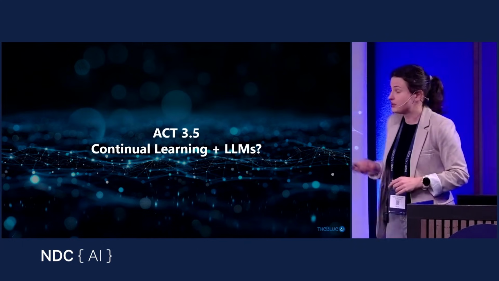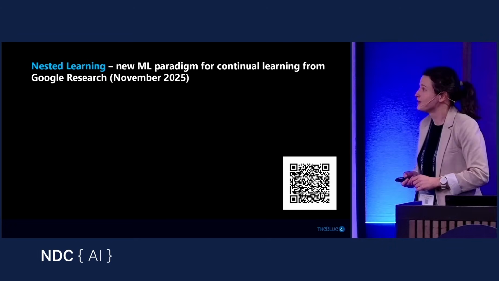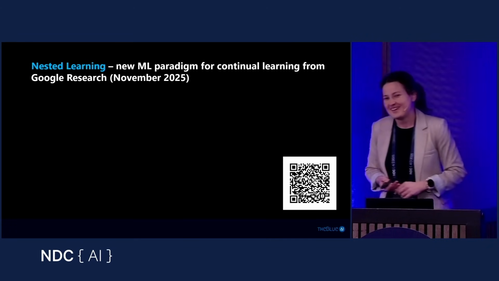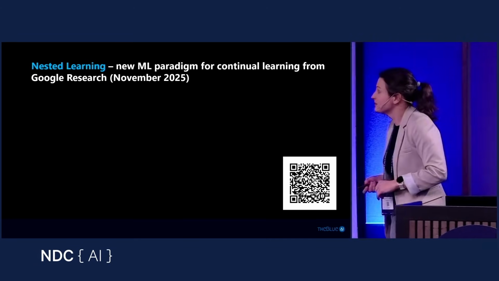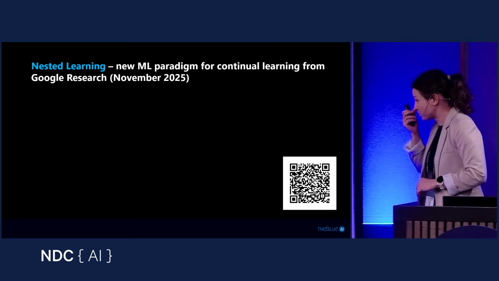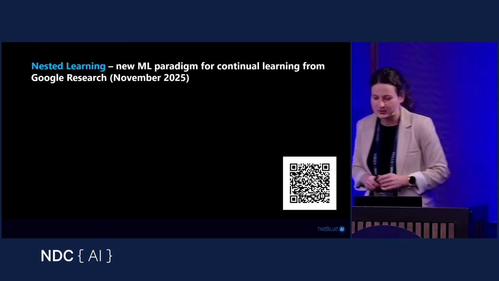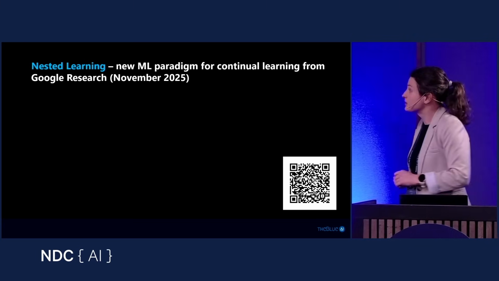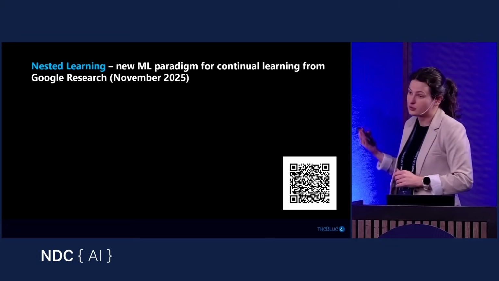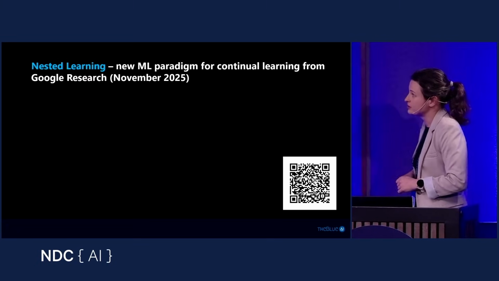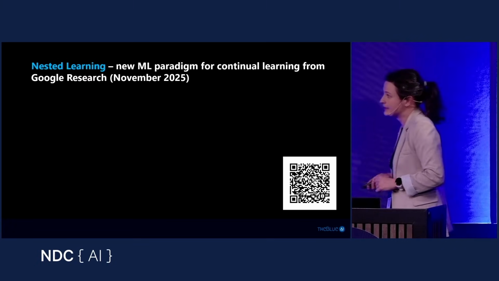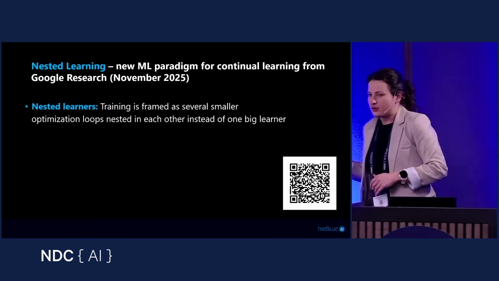One example of that is really from this Friday. I didn't manage to read through the very details of this paper. There is also a link if you would like to take a look. But it's very interesting that Google Research claims to have a new machine learning paradigm for continual learning, which is called nested learning.